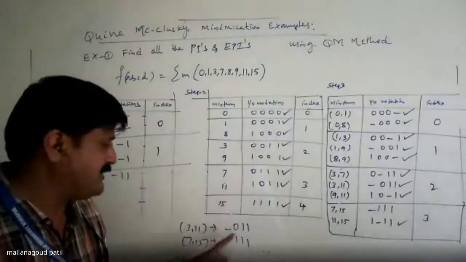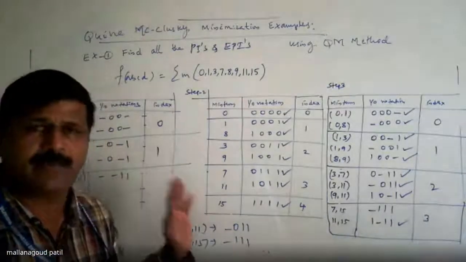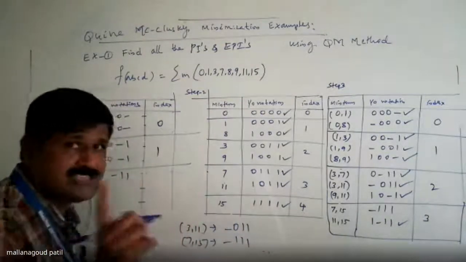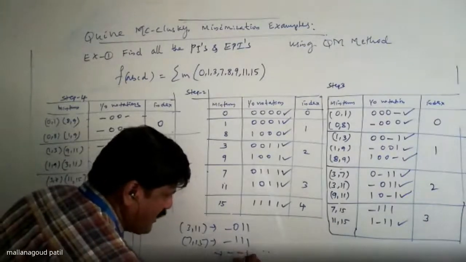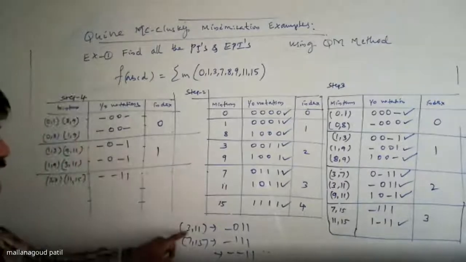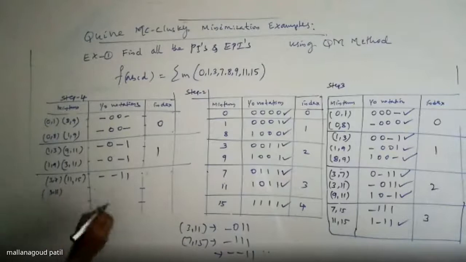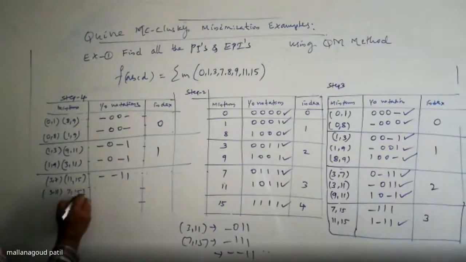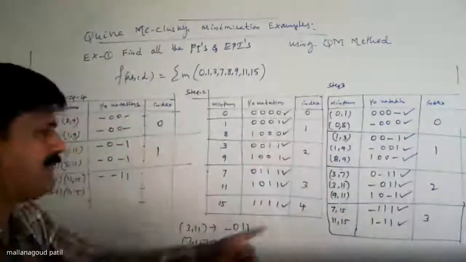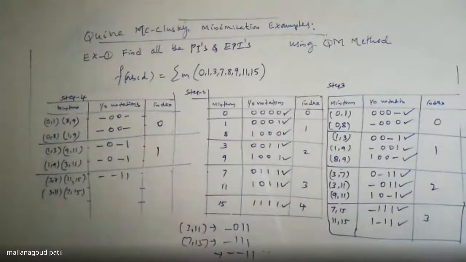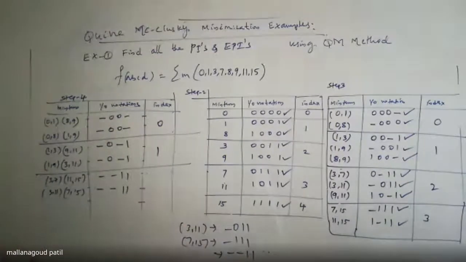First bit is dash, third bit is 1, fourth bit is 1. Second bit differs. That differing bit you have to write as a dash. Only a single bit should differ. Then representation will be dash dash 1 1. Which two? 3, 11 and 7, 15. 3, 11 already marked, 7, 15 also marked.